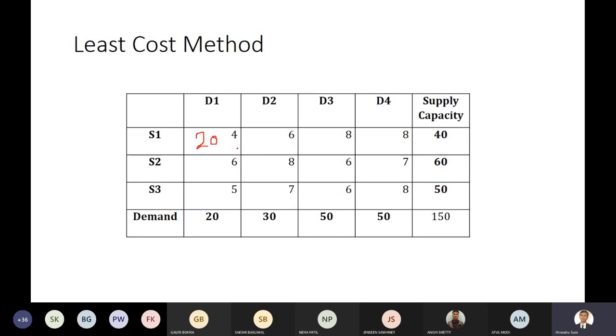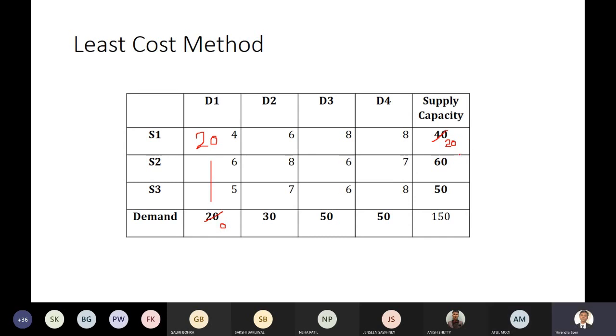The minute I allocate 20 here, the demand for D1 is exhausted. So no further allocations are possible in S2 D1 and S3 D1, and this will reduce the supply capacity of S1 from 40 to 40 minus 20, so that is 20. Correct?